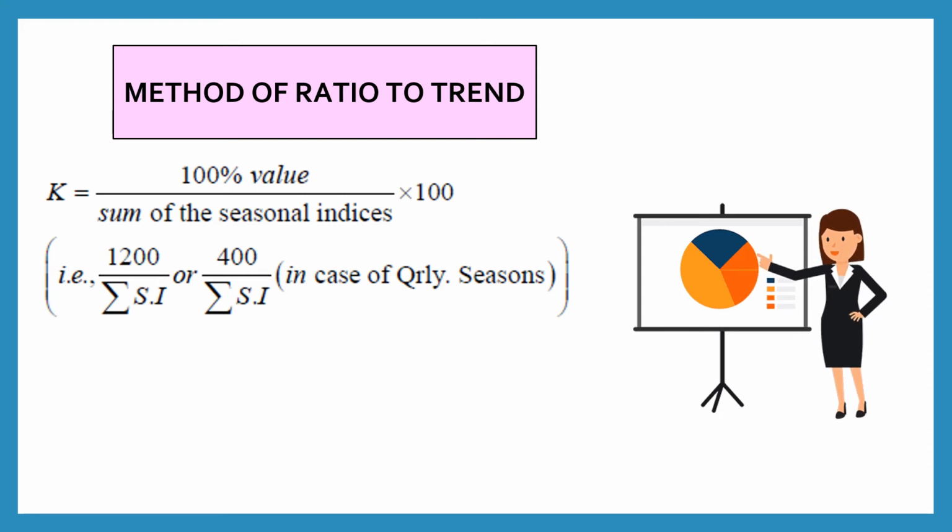After this, the seasonal variations are found out by averaging the trend percentages by the method of mean or median. In case the sum of the seasonal indices thus obtained is not equal to 100%, an adjustment is made to these seasonal indices by multiplying each of them by a constant correction factor K, which is computed by the formula.